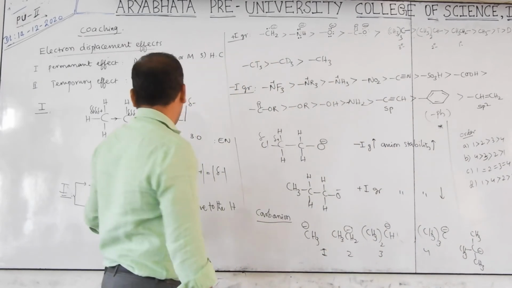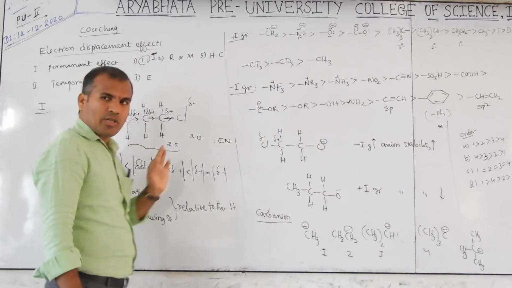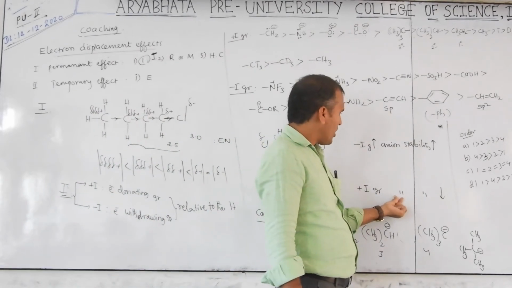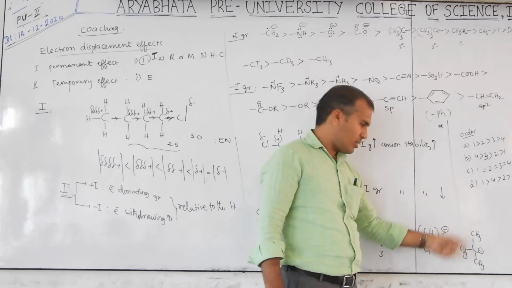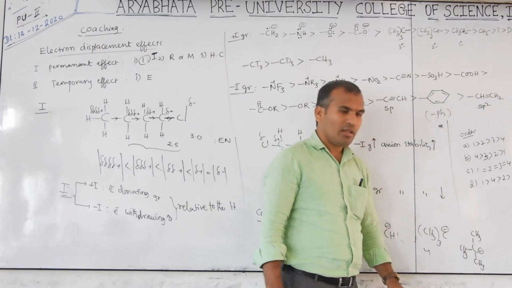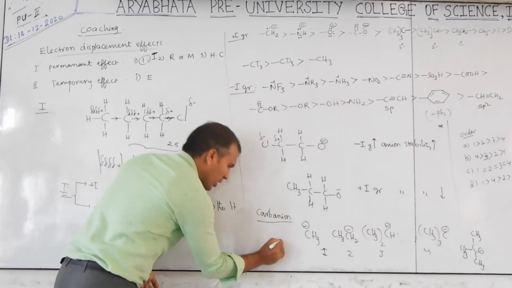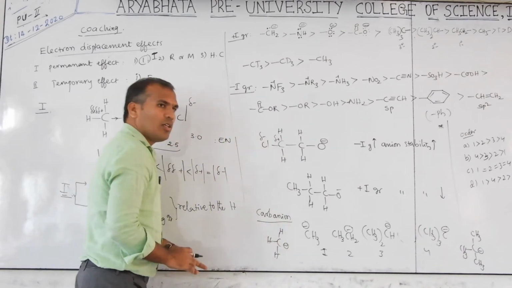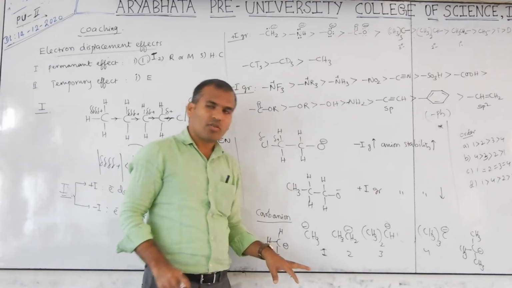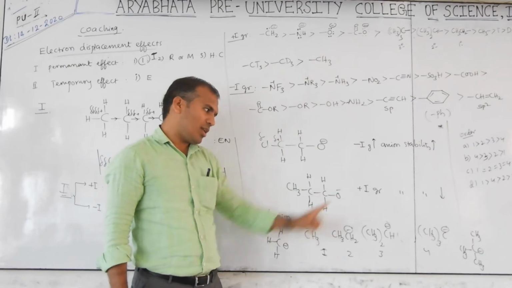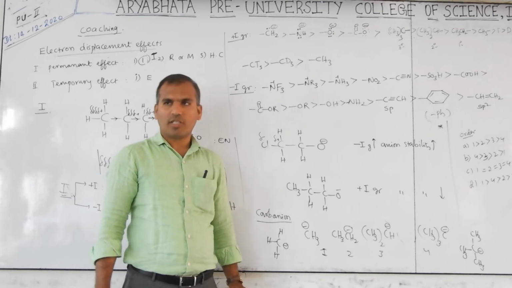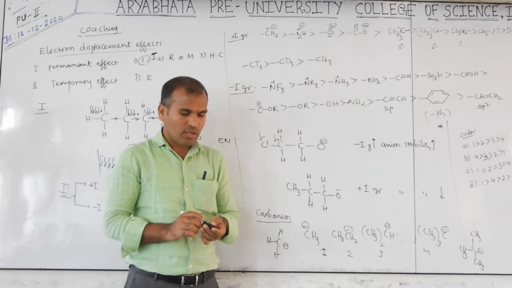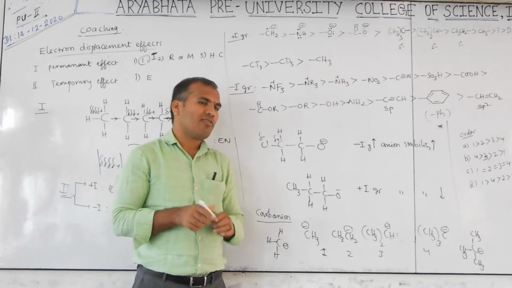Plus groups are donor groups, already explained here. Then plus groups decrease anion stability. How many are there? 3. Here C, H, H, H minus. So here there is no withdrawing group, so the first one is more stable. Now tell the order, which is the correct order of increasing stability of carbanion.